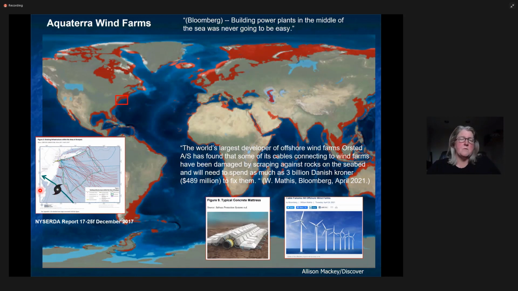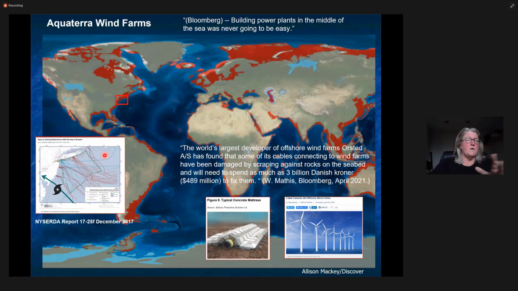And these storms are only going to exacerbate the destruction of these floating wind farms and the corrosion of cables and the undermining of infrastructure that's happening in these areas if we don't understand how the storms are influencing erosion on the seabeds and how we can mitigate and engineer around some of those problems.